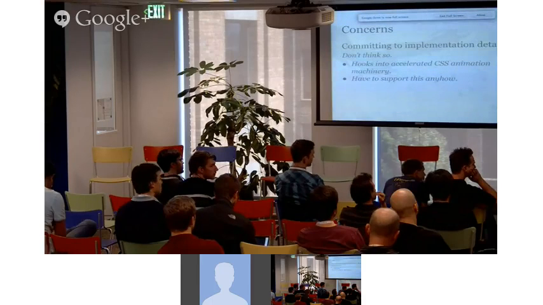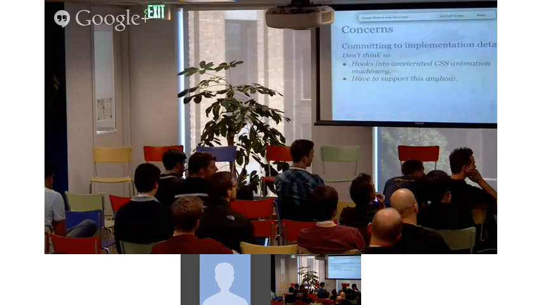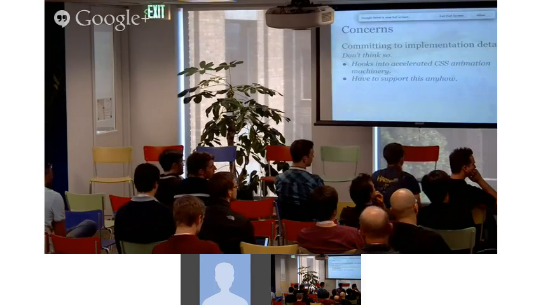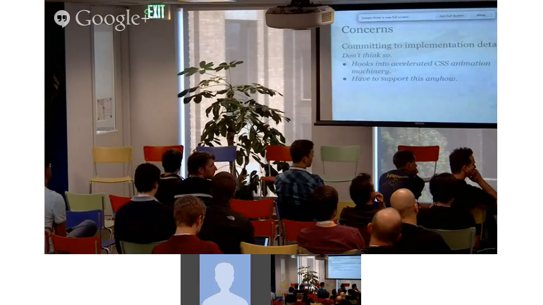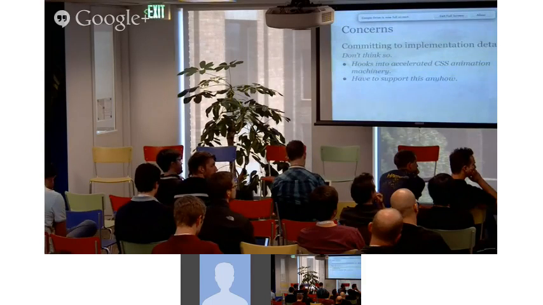And animation proxy, I think, really is a JavaScript hook into that existing functionality. So if we're going to have to make accelerated CSS animations fast, in the same way, I think we can continue to make this fast. So I think the two are quite tied together. It's just sort of an imperative hook into that existing functionality. So my hope is that we're not actually marrying ourselves to the implementation details here.